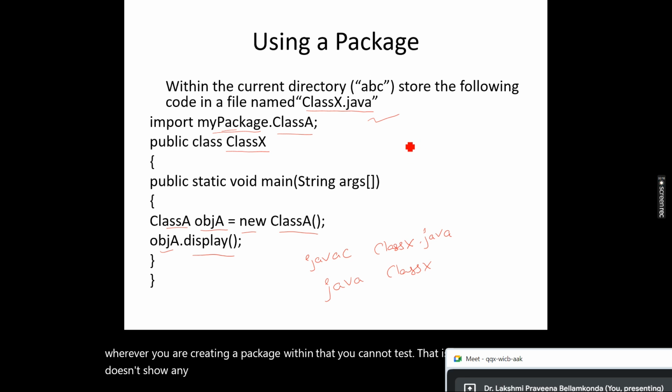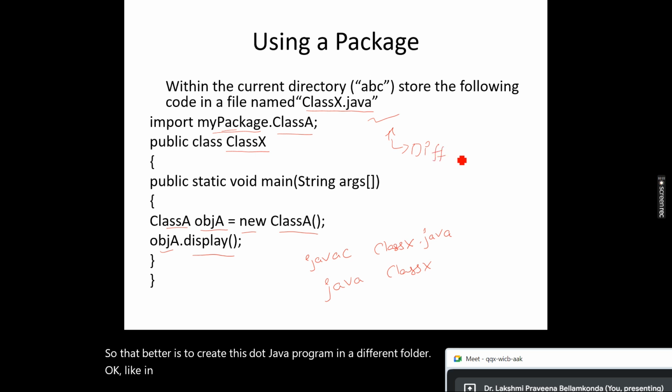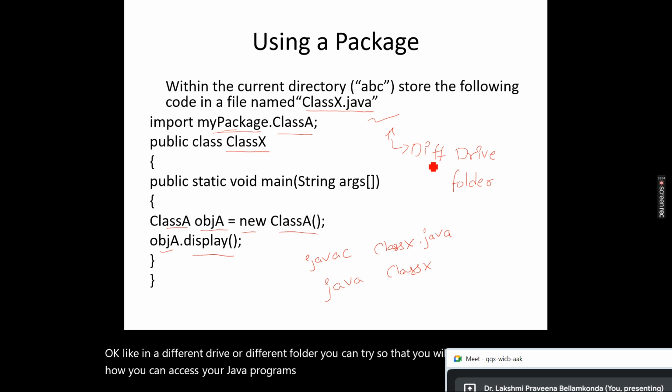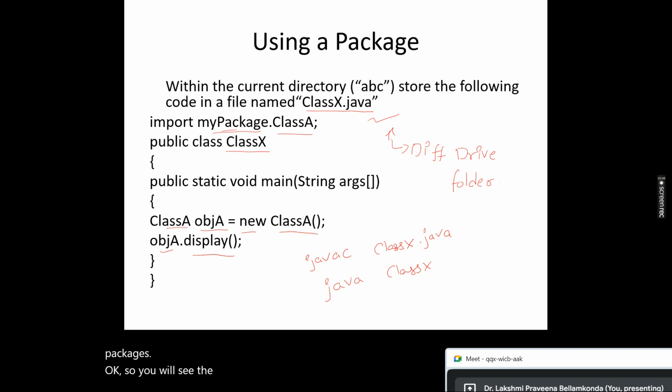So it is better to create this java program in a different folder, like a different drive or different folder, so that you get to see how you can access your Java programs from different folders, or from different systems, and you can see the difference that packages make. So I'll see the example code also.